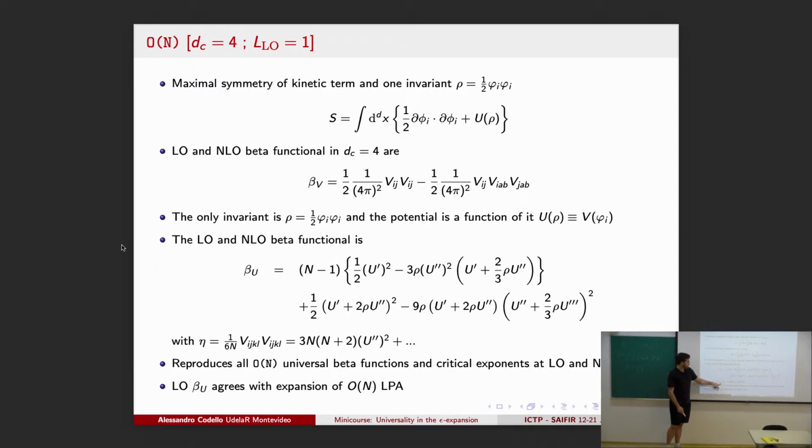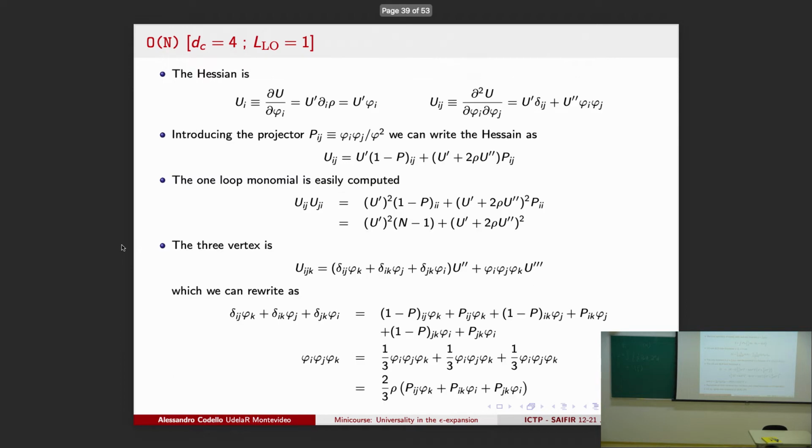Now we're going to do this little computation, and this expands into something of this form. In this way, we are going to reproduce all the critical information of the O(N) model. And in particular, we can even do new kinds of studies. So let's just see in practice. Let's just go through it.